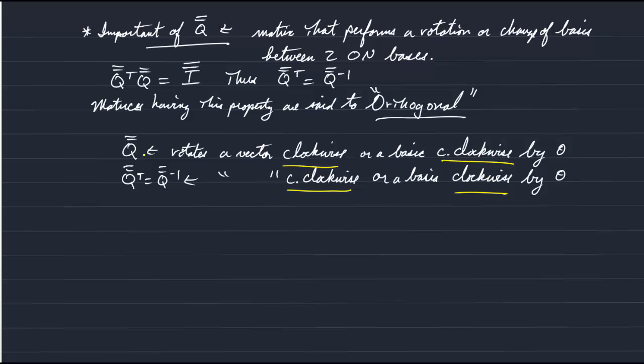So one rotates it in one direction, and its transpose or its inverse rotates it in the other direction, so that when you multiply the two, there's no rotation at all. So the vector remains the same, or the basis stays the same when you multiply the two together to produce the identity matrix.